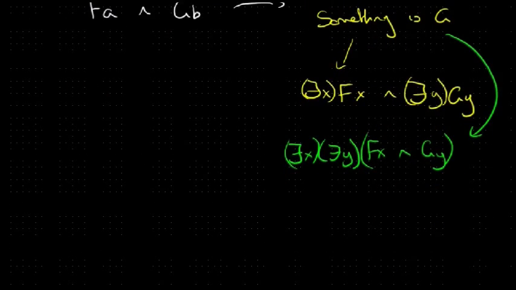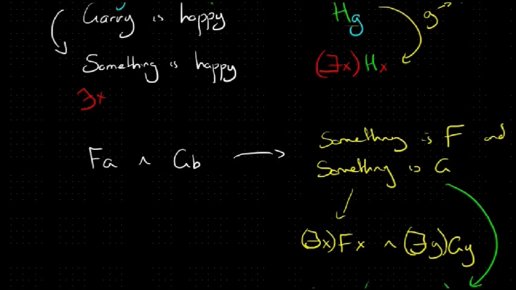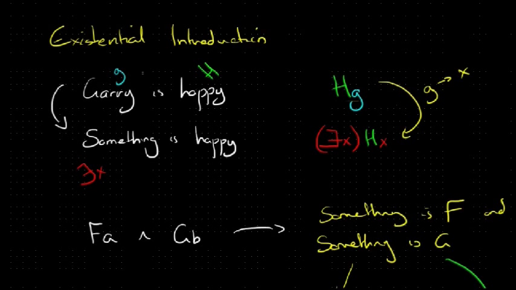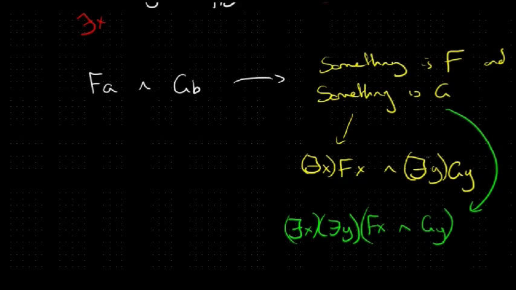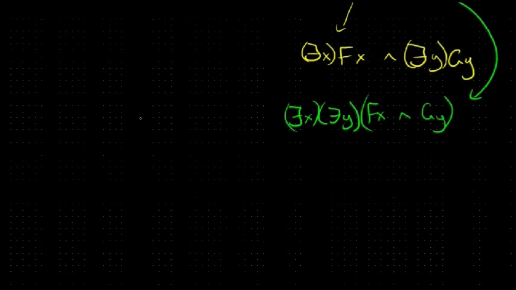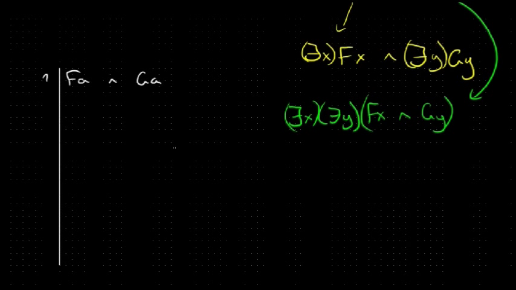Now, the way that we use the existential introduction rule is going to determine which one of these we end up with. So we need to think beforehand. If we were doing a proof, let's say we've got our scope bar, and we start off on line 1 with FA and GA.